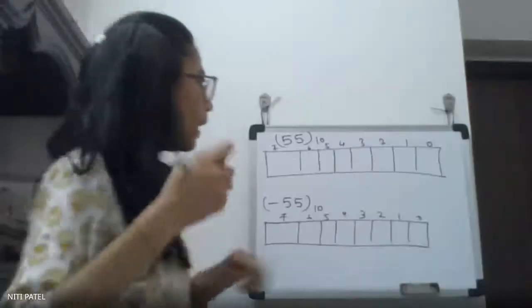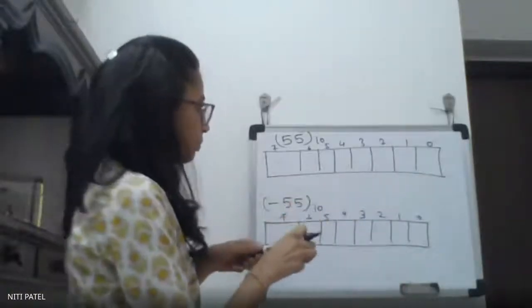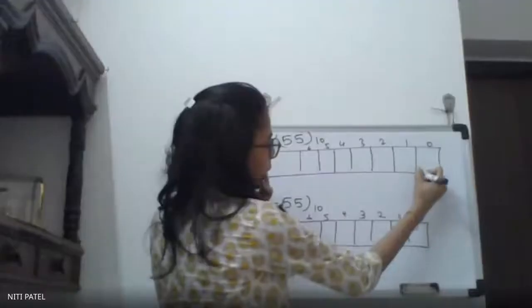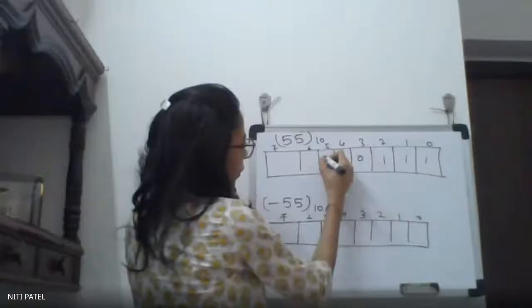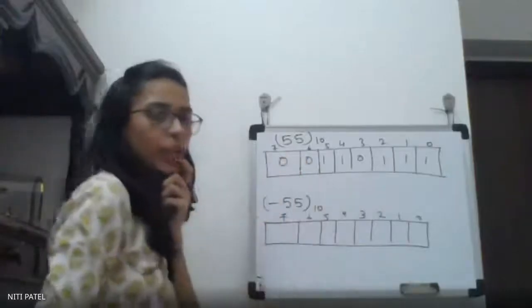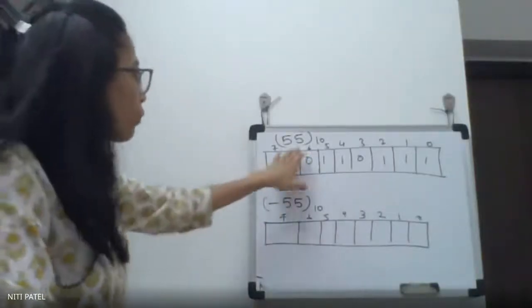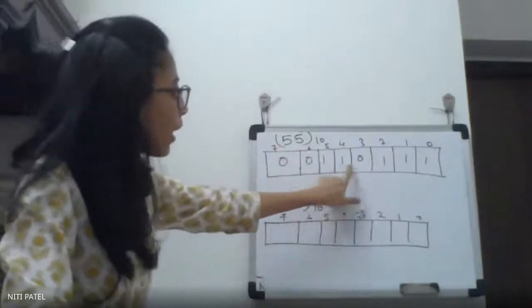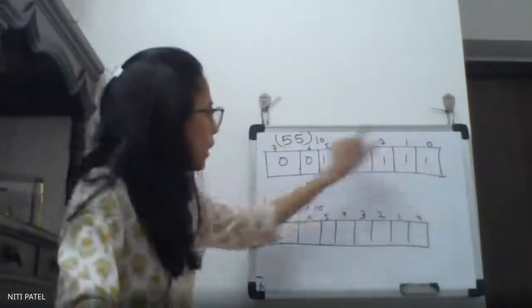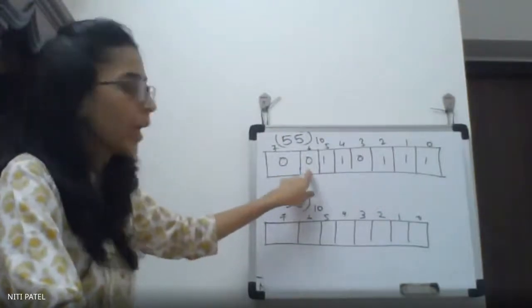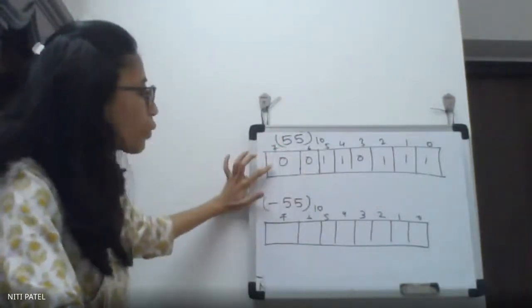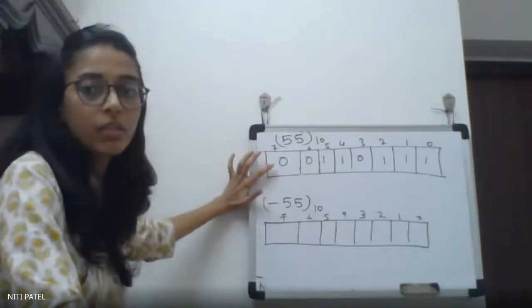Done, ma'am. Shall I say? Yes. So what is the binary of your 55? It is 110111. Since your 1 bit was empty, you appended it with 0. And since the number was positive, you have represented it with 0.